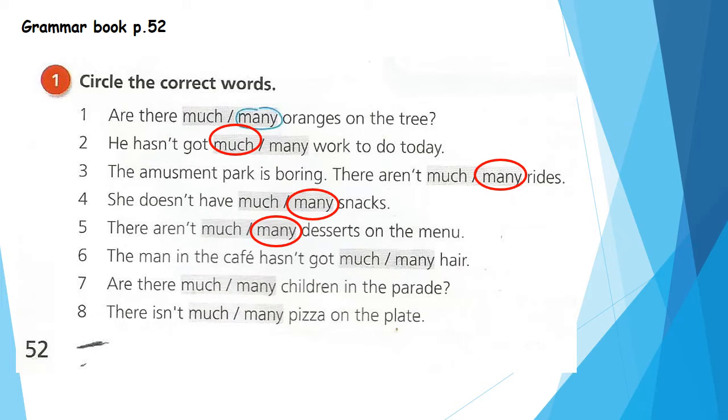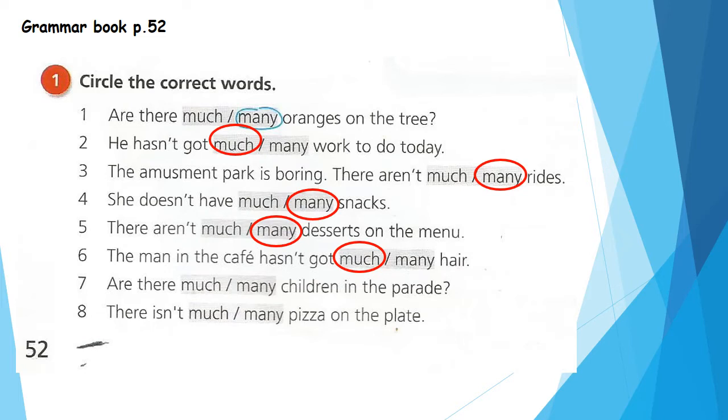Number 6. The man in the cafe hasn't got much or many hair. Yes, the noun hair is uncountable. We can't count hair. So we'll choose much or many? Yes, much. Number 7. Are there much or many children in the parade?